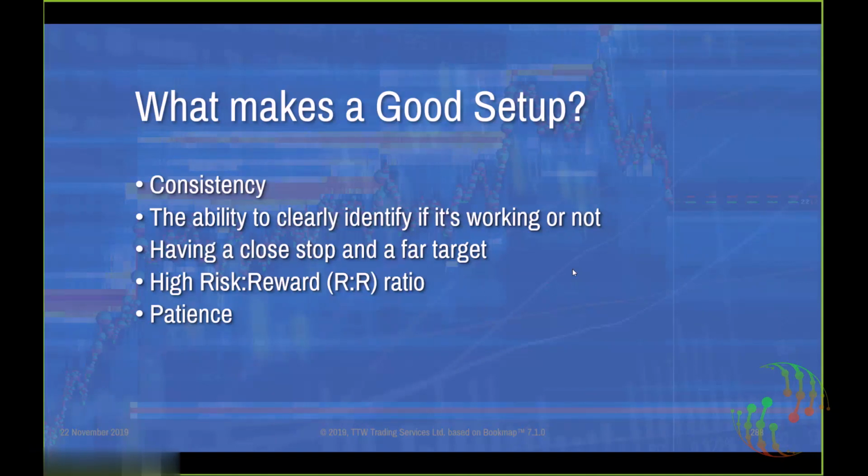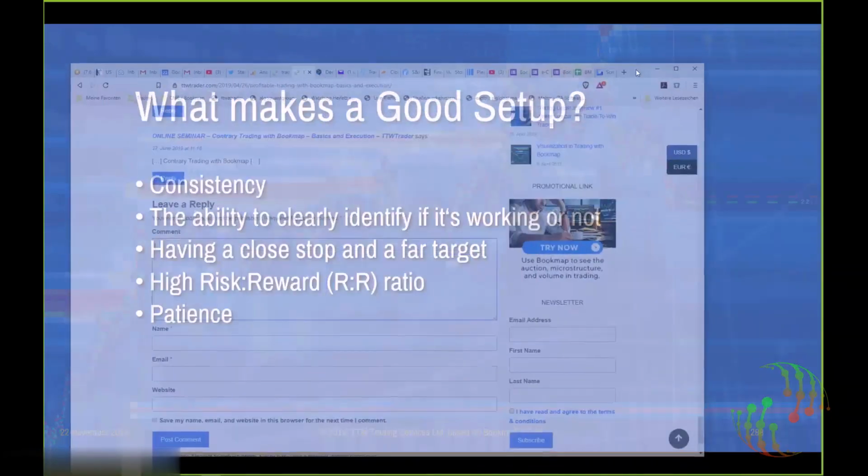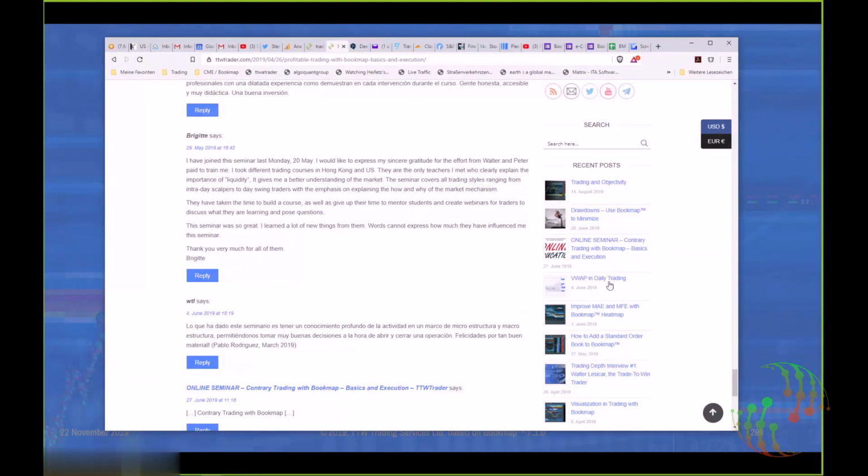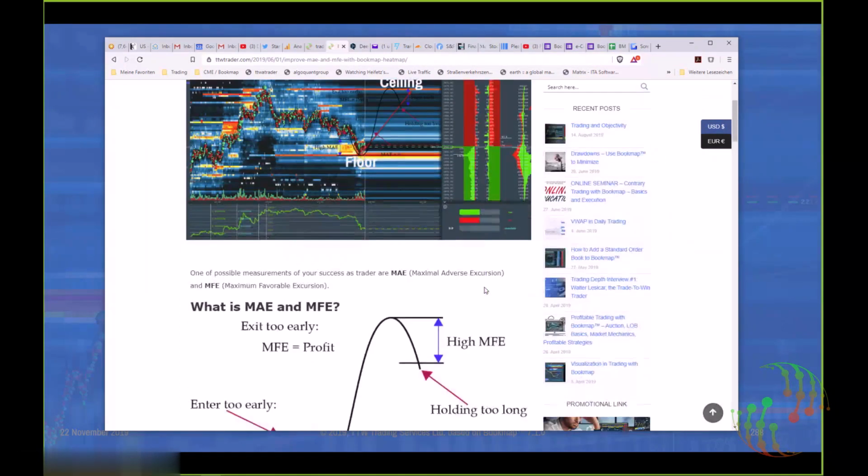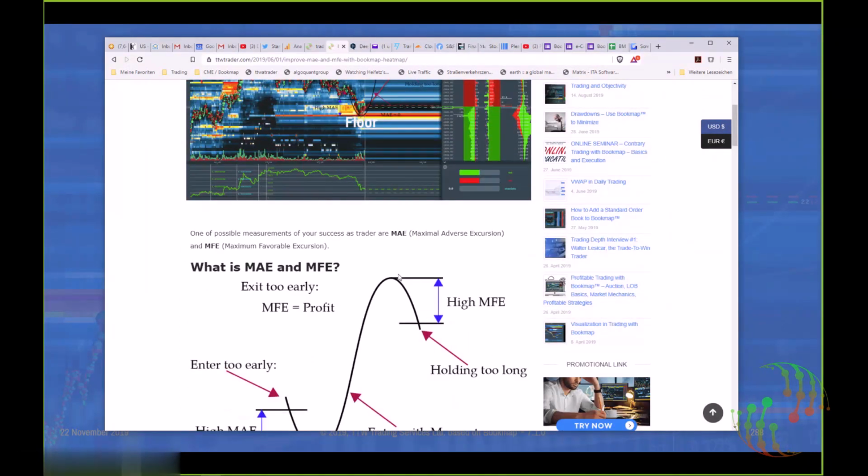I'm saying that I'm absolutely sure it works more than 70% of any other strategies you might have learned or discussed or experienced. Having a close stop and a far target, that's my goal, because if you think about MAE and MFE, it's an excellent measurement for successful trading.